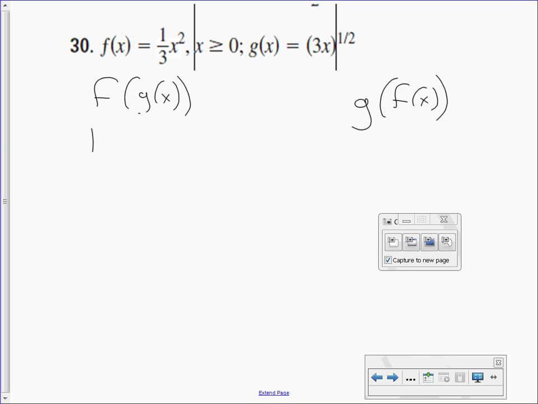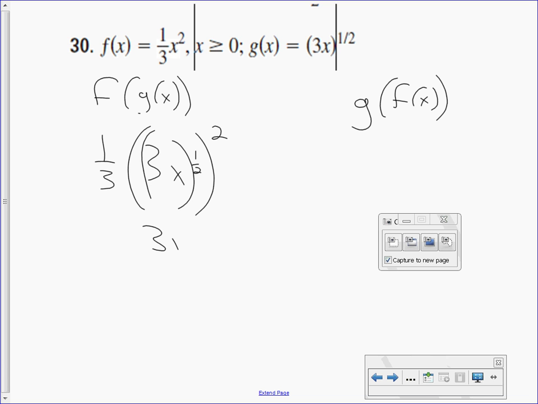I saw the bar thing and I got confused when it cut off there. So it is 1/3 of 3x to the 1/2 squared, and this is all to the 1/2. What happens here with the parentheses, you have the square root of junk squared, so it just becomes junk. I got screwed up because of this bar that was there.